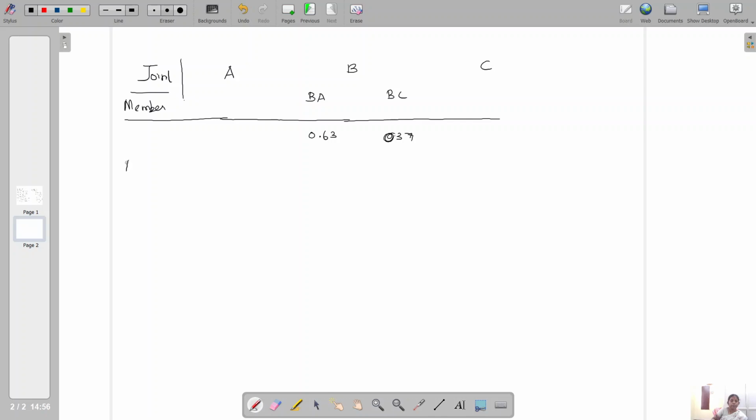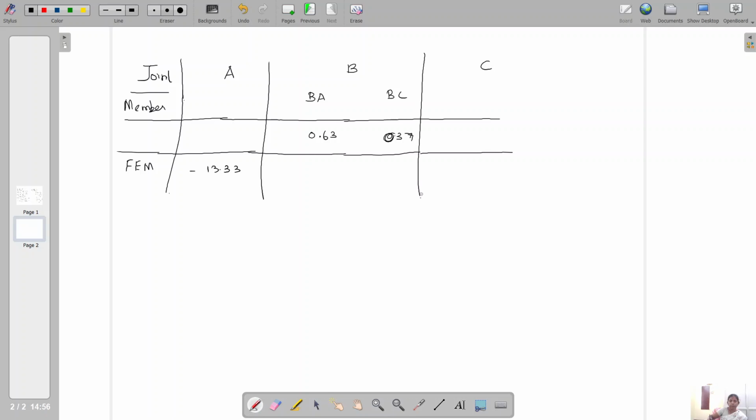Next one, the fixed end moment. Fixed end moment, we can make a line. The fixed end moment value, you have at A it is minus 13.33, B to A, okay.